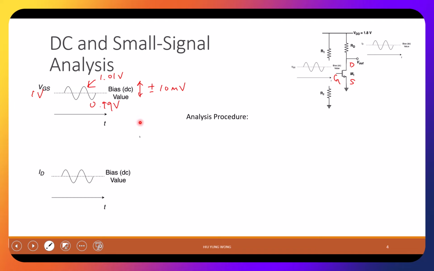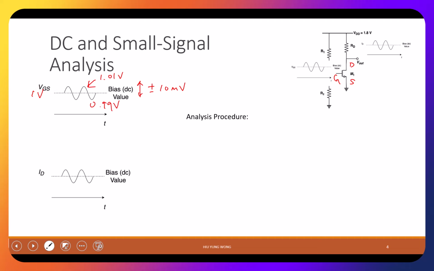Is this okay? Your signal cannot exist by itself. You need to put it on top of the DC bias in order to make the circuit work. So usually when we have the capital letter, capital GS, it means the total value of the signal, so it changes as a function of time.